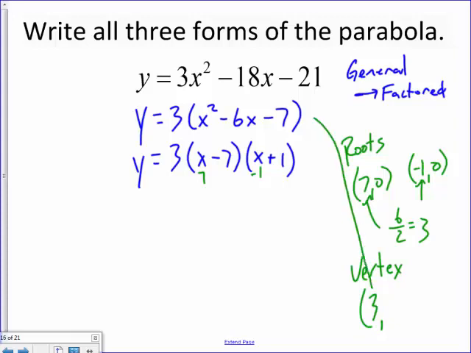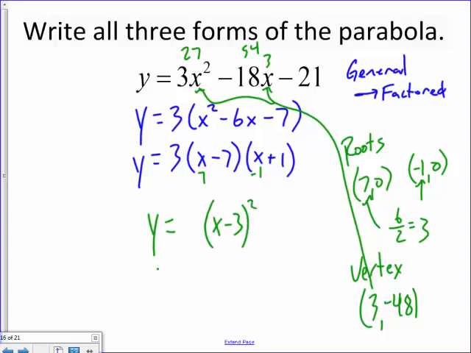So I'd plug that 3 in up here and up here. So I would have 9, so this is 27, and here would be a 3. So this would be 18 times 3, which is 54, minus 21. So we get negative 7 minus 21, which is negative 48. Hopefully I did that right. I went through that pretty quick. So vertex form, y equals x minus 3 squared minus 48.